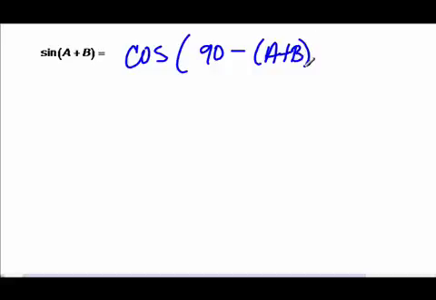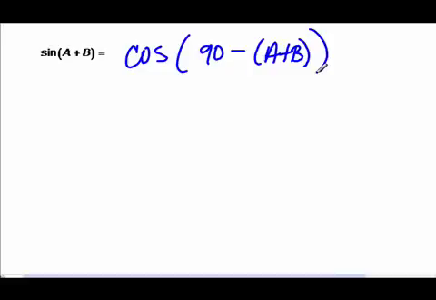But let me show you how we're going to tackle coming up with the sine of a plus b. We're going to use our co-function identity. The sine of a plus b is the same thing as the cosine of 90 minus a plus b. Okay?